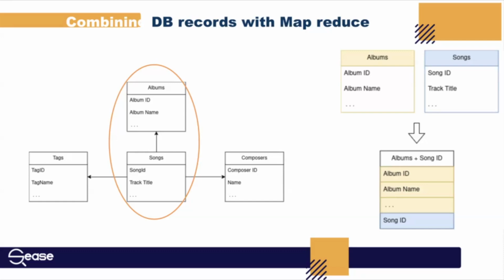What do we have? We are going to have a result set with song ID and other values, possibly replicated multiple times. For example, maybe it's clearer for composers. If there are two composers who composed the same song, you will find two records with the same song ID, and the composer replicated multiple times.